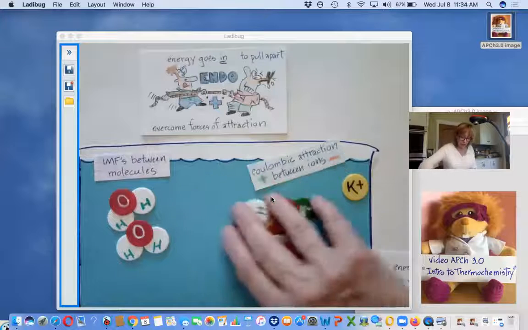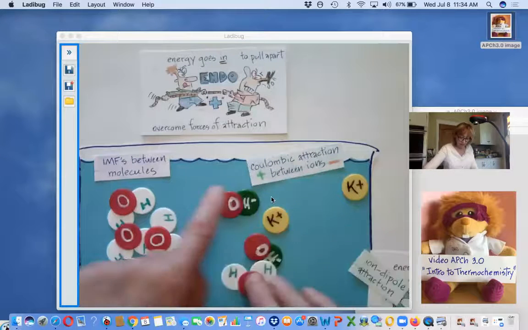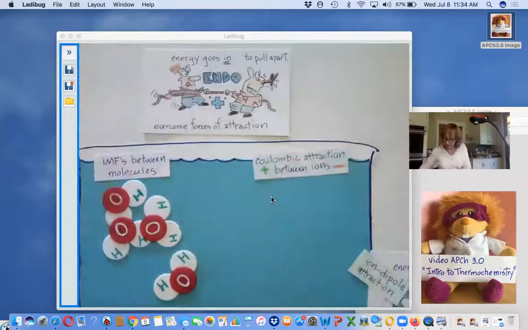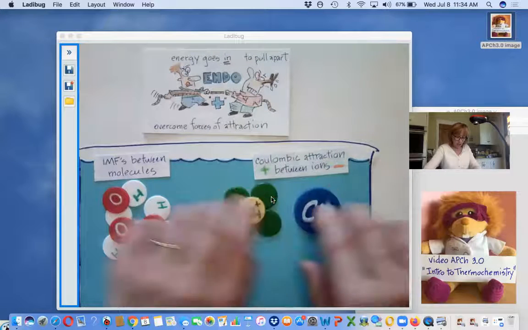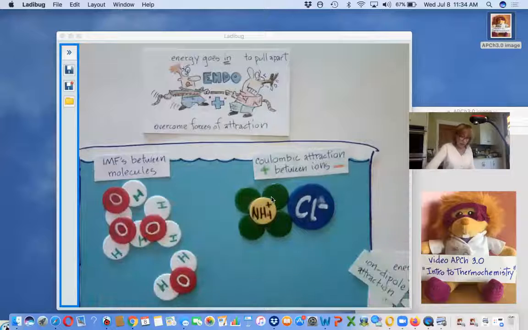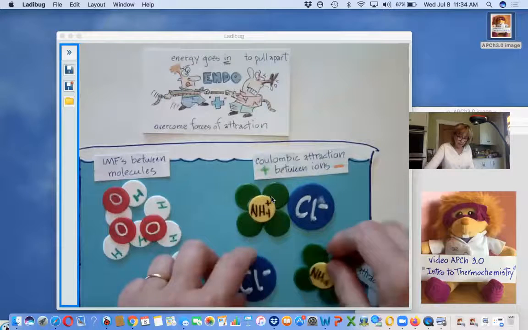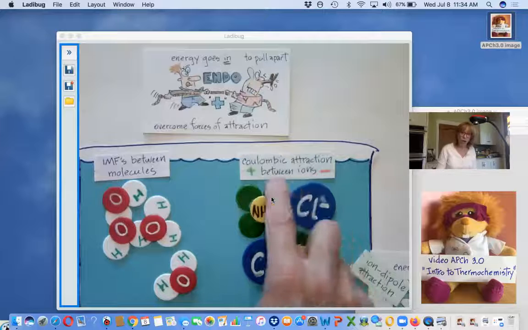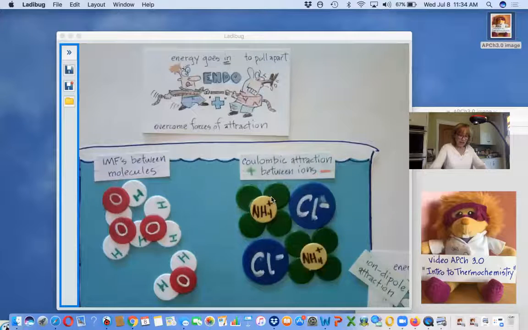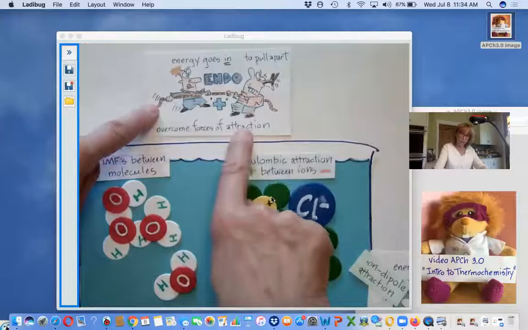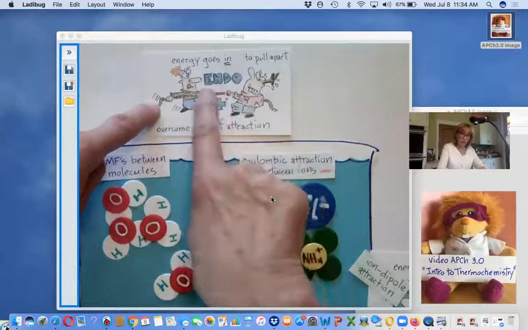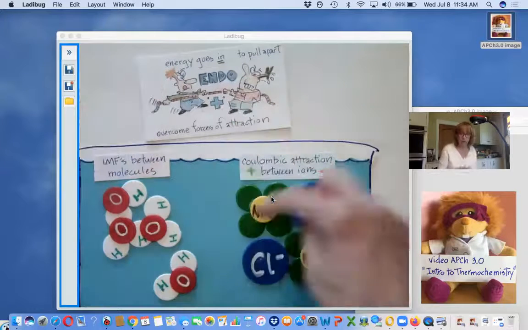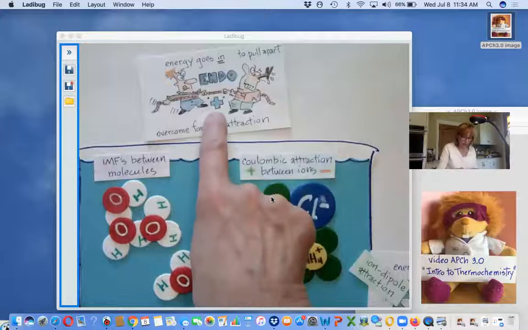Let's look at one more and put my waters together. Take the potassium hydroxide away. And now let's look at the ionic compound ammonium chloride. Held together, cations and anions, by a strong Coulombic attraction that has to be overcome. So that's going to be an endothermic step that has a positive value. There's a number associated with that, and it's positive.